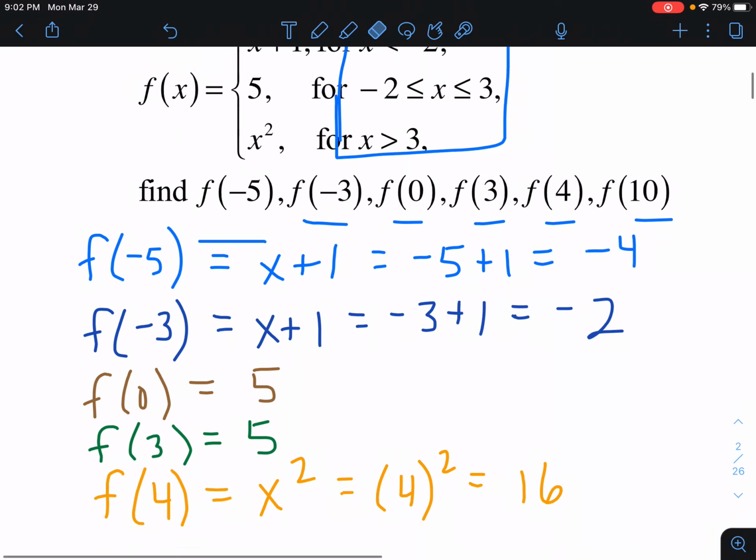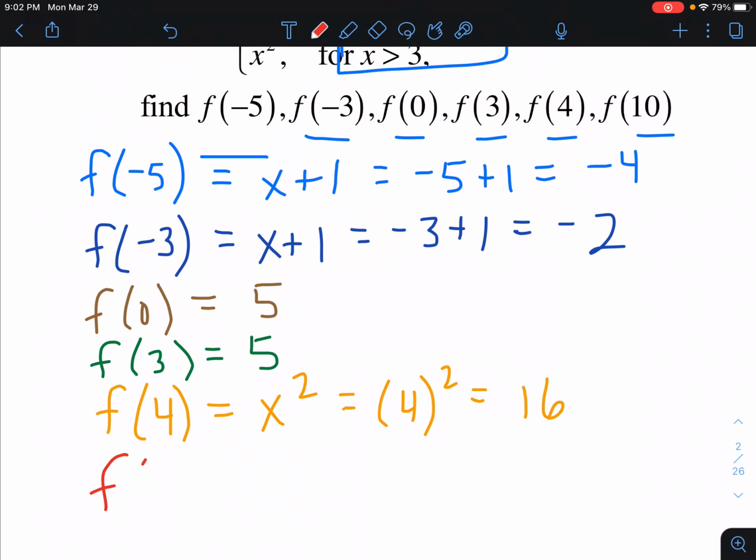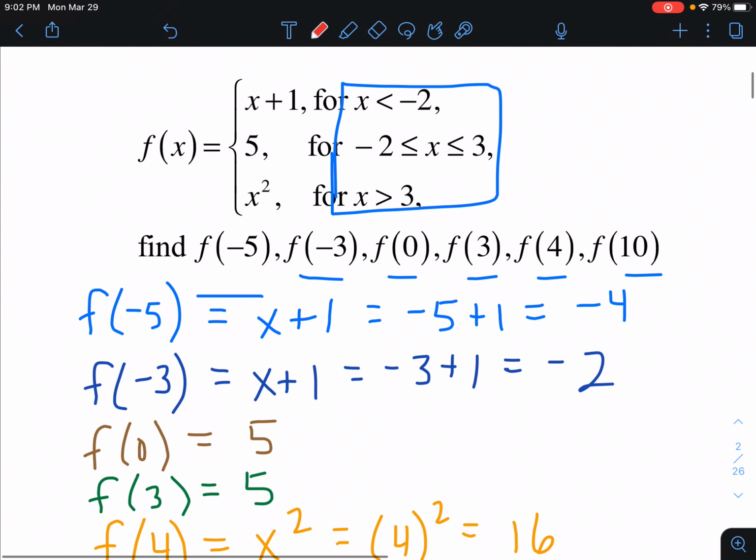And then finally the last one, f of 10. All right, which one do I use? Look at your inequalities first. This, or this. Nope.